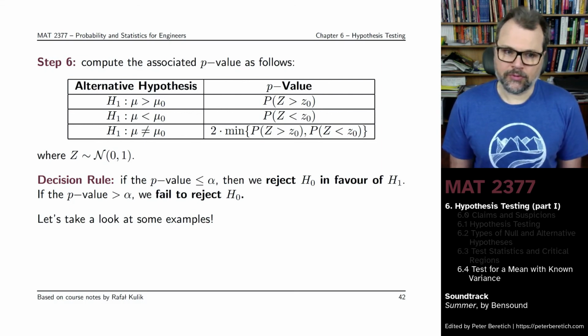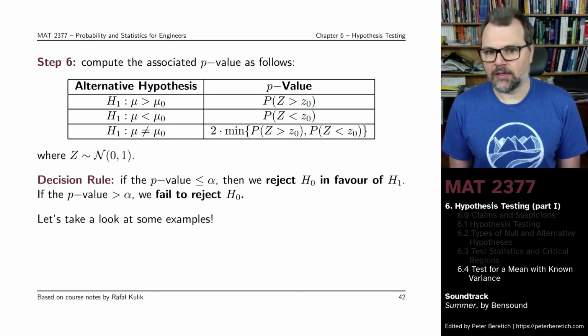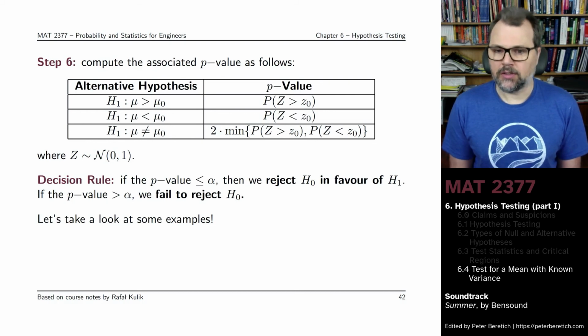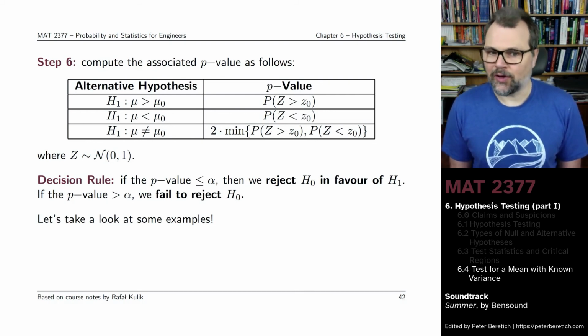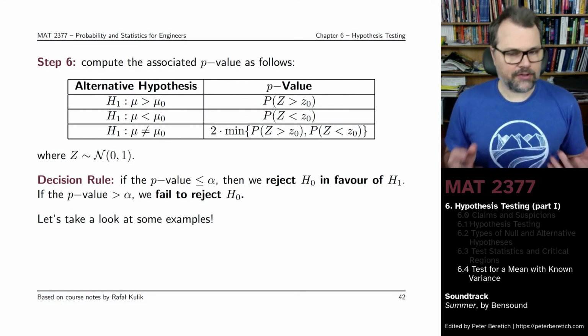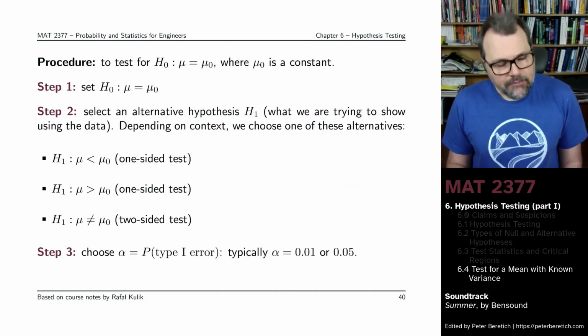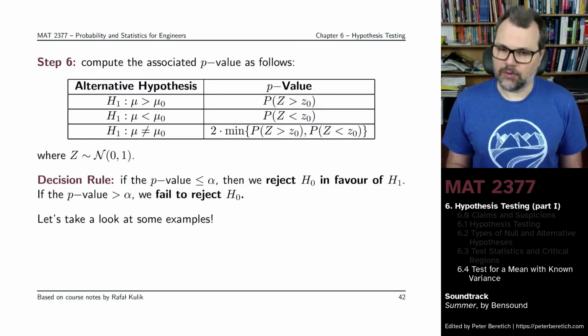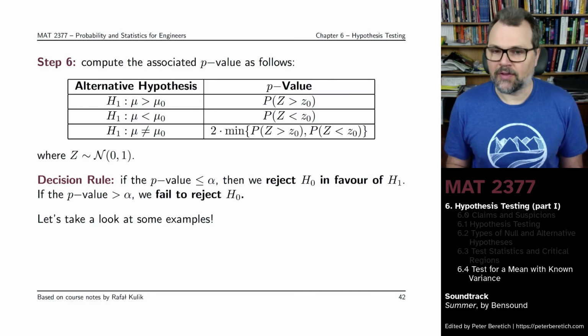And your decision rule is simple. If the p-value is smaller than alpha, then you reject the null hypothesis in favor of the alternative. If, on the other hand, it is greater than alpha, you fail to reject the null hypothesis. That's all there is to it. 6 steps. Just follow the steps, and you will be able to do hypothesis testing.